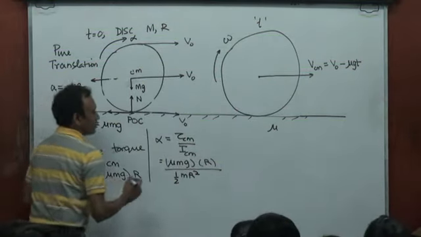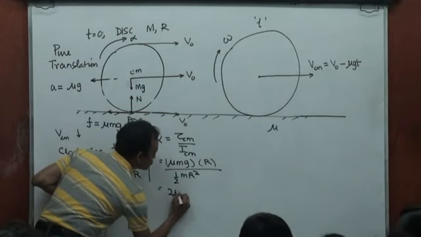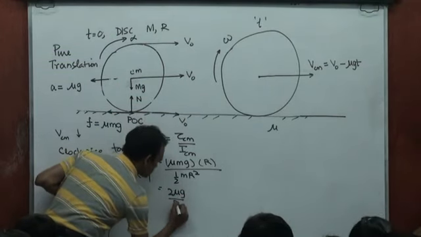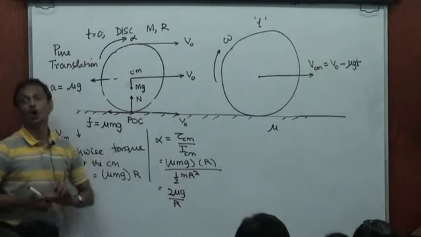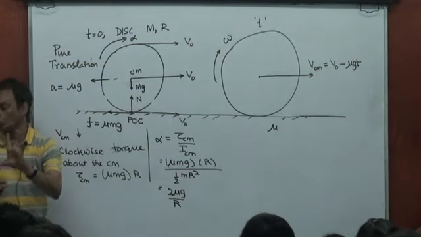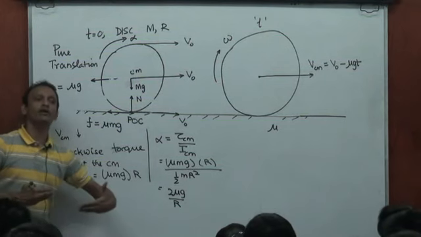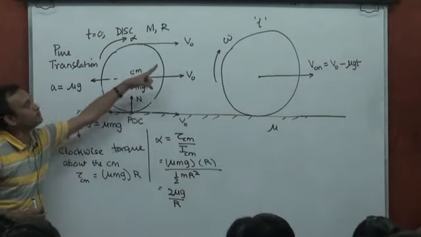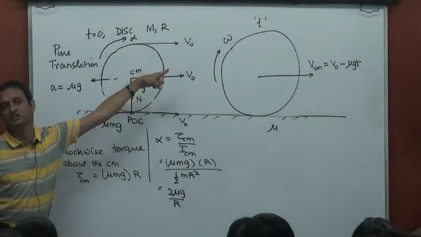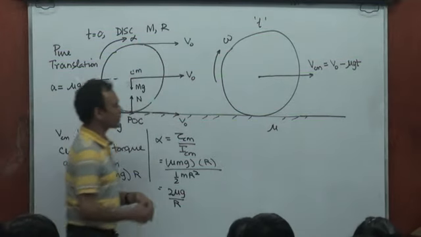So then, this turns out to be 2 mu g by r, the clockwise angular acceleration, right? And this gives us a fair opportunity to compute the value of omega at an instant of time t.